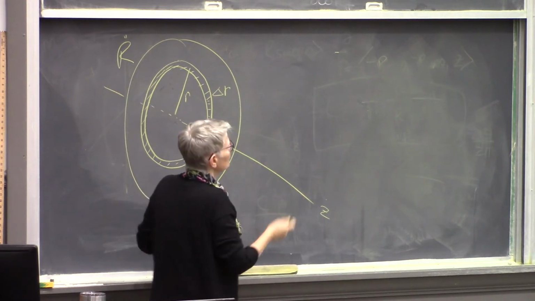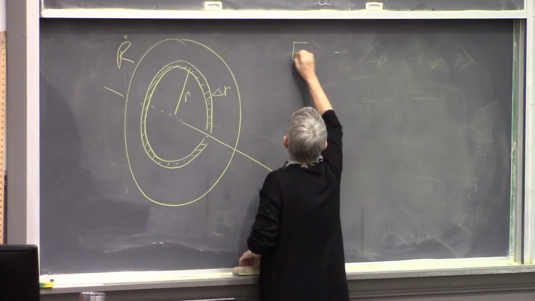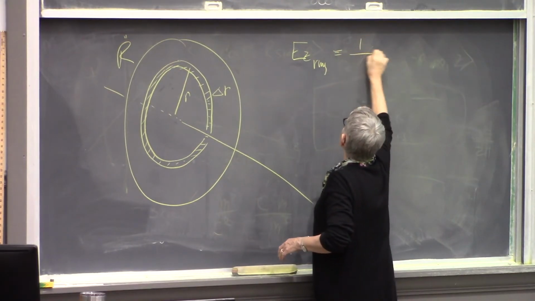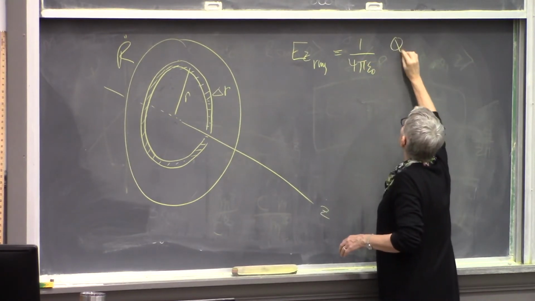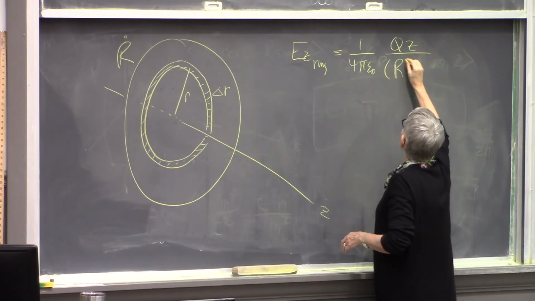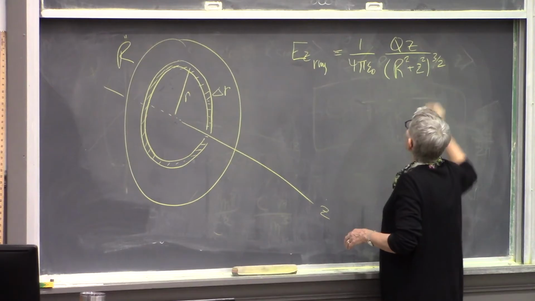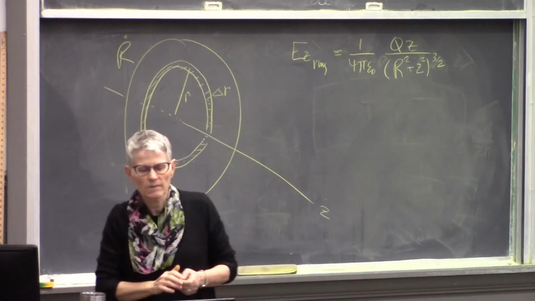And so we know the field of a ring, which I just erased. So E_z ring is 1 over 4 pi epsilon 0. What was it? Q z over r squared plus z squared to the 3/2. Is that right?